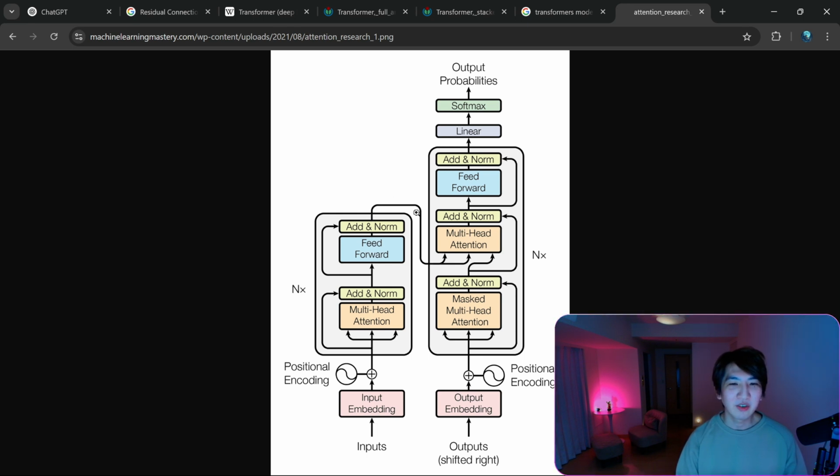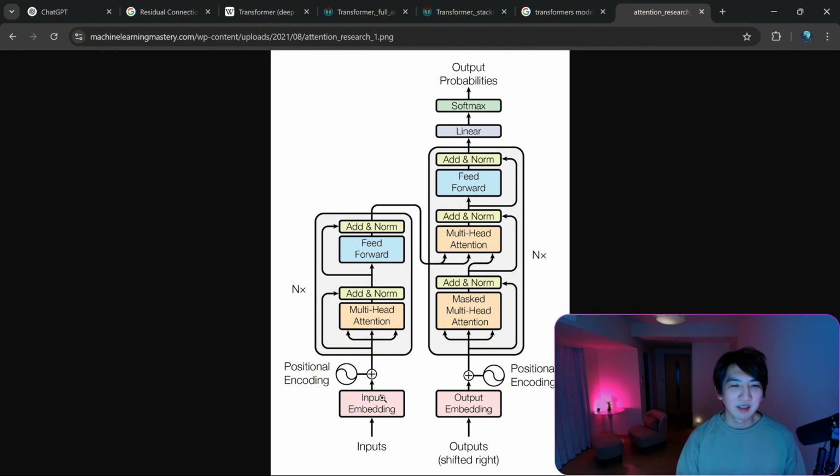So it would still output the same kind of thing: you are passing embeddings, and the encoder also outputs embeddings, and these embeddings capture really meaningful information inside the inputs.